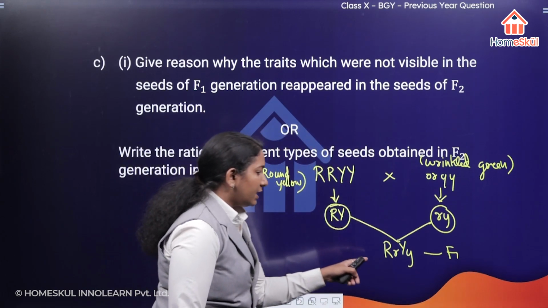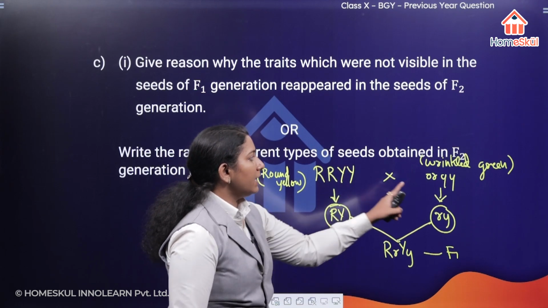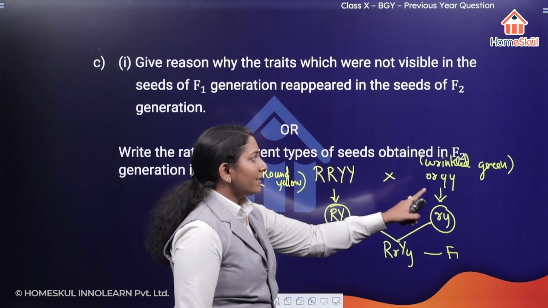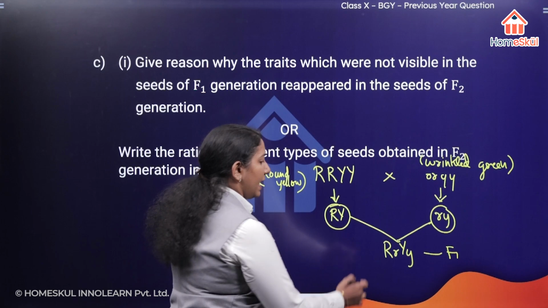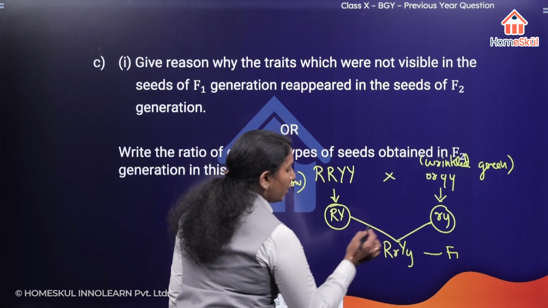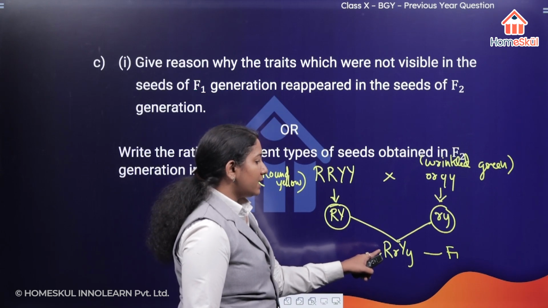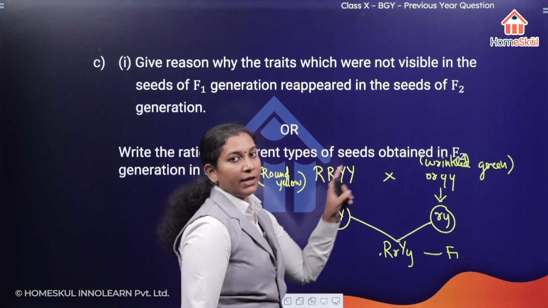So the F1 generation will show a genotype different from the parental genotypes, right? The parents are round yellow and wrinkled green, and the F1 plant's phenotype is again round yellow, because the capital R round condition is dominant over the wrinkled condition and the yellow condition is dominant over the green condition.